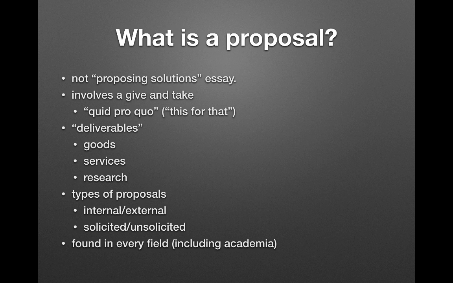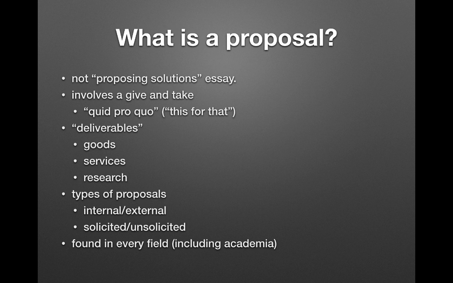Unsolicited is kind of like a cold call. This proposal shows up on their doorstep and they didn't advertise for it, but maybe you want something from them like computers, or maybe you're proposing to do something for them in exchange for something else.